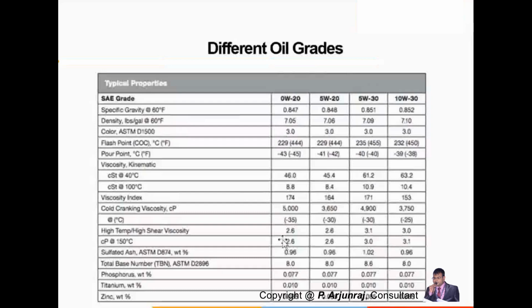Theoretically speaking, the oils which are designed to operate at high temperature can go up to 340 or 400 degrees at higher RPM. And at lower RPM, it can be between 0 to 15 degrees Celsius.